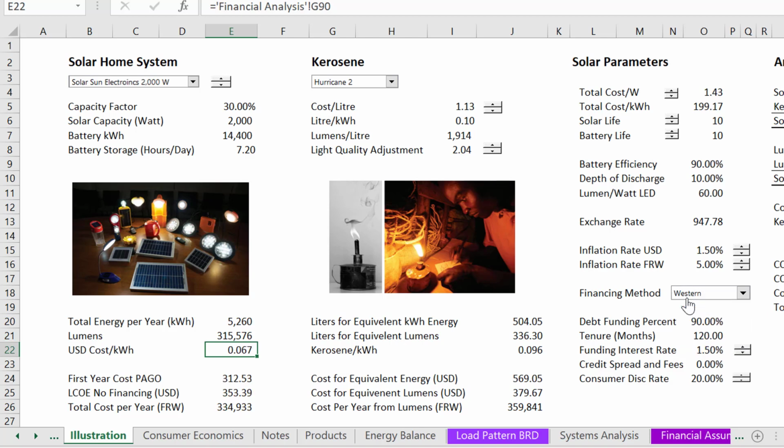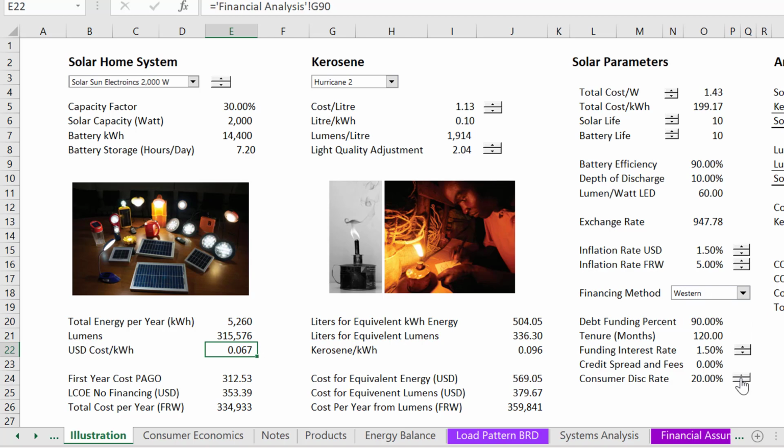If we had really, really good financing, where we could get it 90% financed, and we'd get it for 10 years instead of 3 years, and we'd have a much lower interest rate. And we'll go through that in a minute. Then we could get it all the way down to 1.67. So it goes from, let me see, 13 cents down to 10 cents.